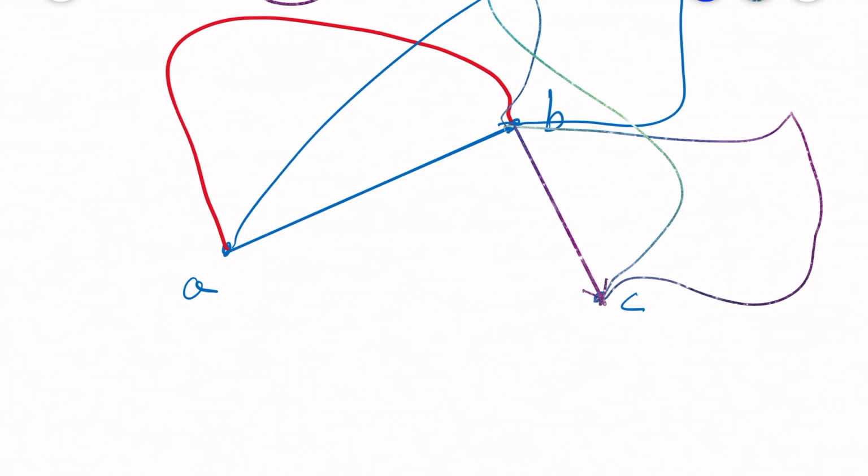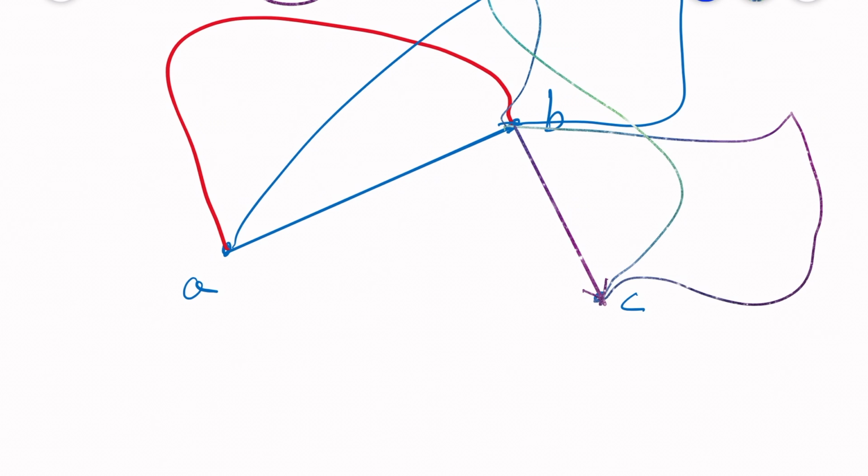Now, let us say somebody started from point A, went to the point B, and then went to the point C, and now we want to find out the displacement. And we know that displacement is path independent. It does not matter which direction we took.